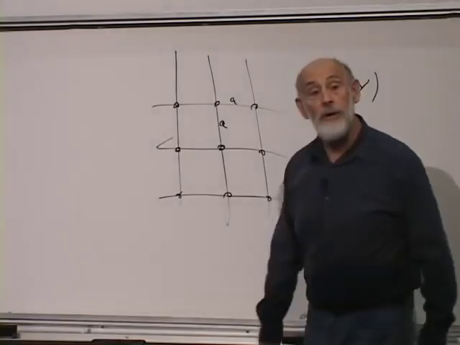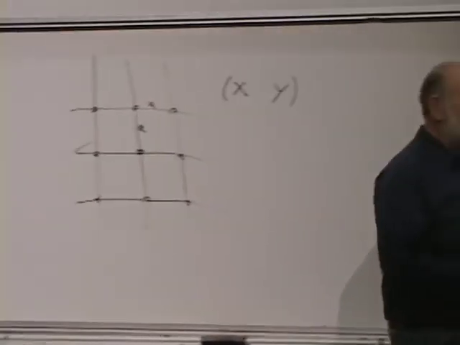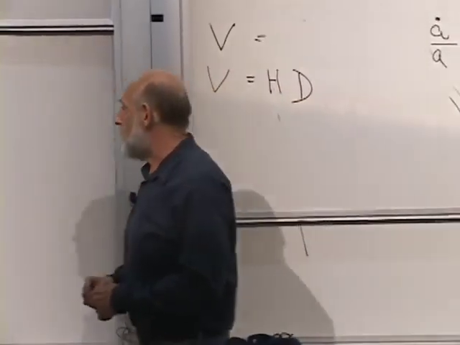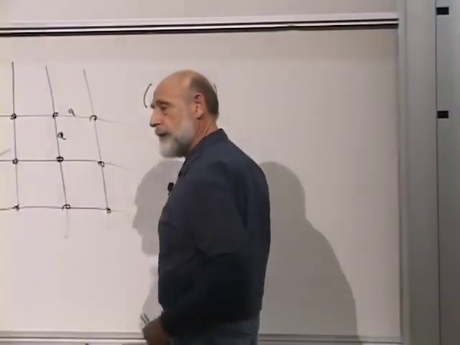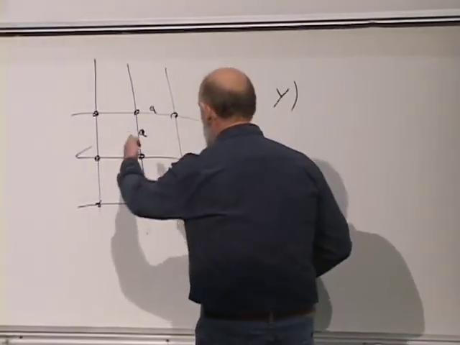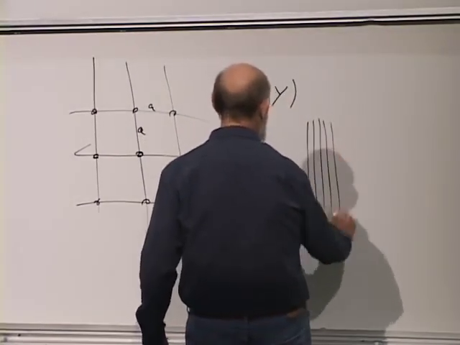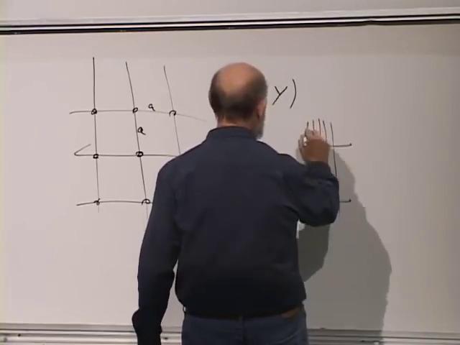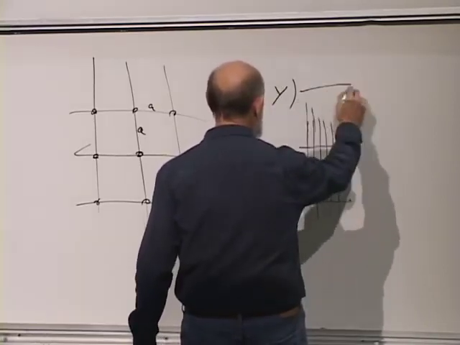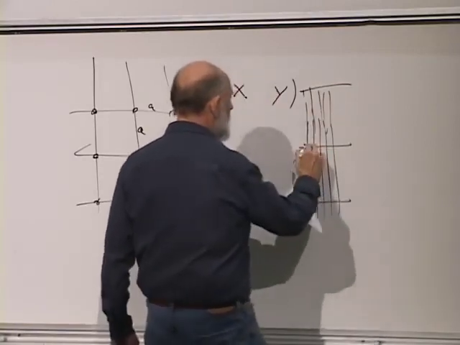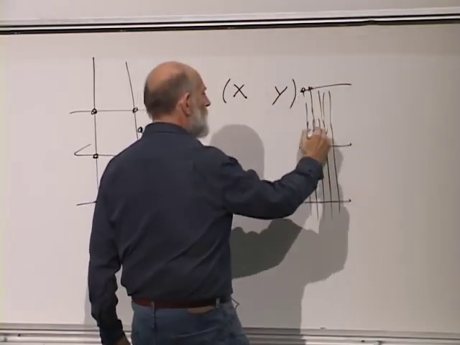What do we know about it? Well, supposing the galaxies were not equally spaced, but were more crowded in the x direction than they were in the y direction. At the corners like that.